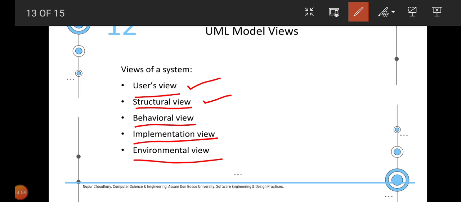The structural view represents the structure, which generally does not change. The behavioral view defines various functionalities that the system is capable of doing. The implementation view represents the implementation factors and associations related to it. And the environmental view represents the various environments in which it can work.